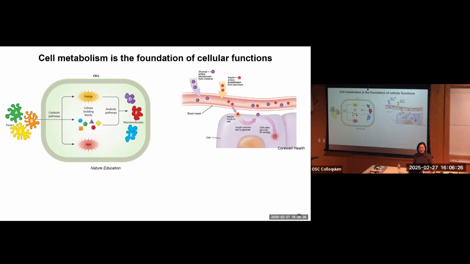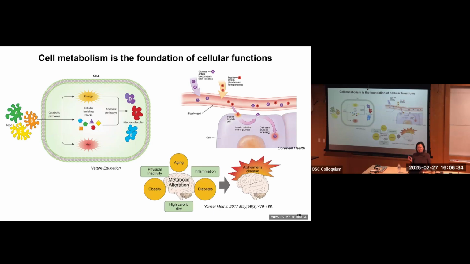Take diabetes, for example, which means that our body has difficulty handling sugar molecules, which is metabolism. Another example is Alzheimer's disease, where there is numerous evidence suggesting that metabolic alteration is associated with disease onset.